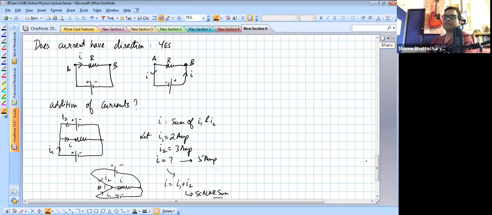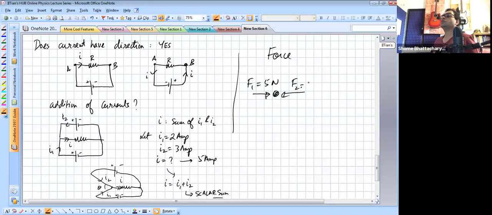On the other hand, if you realize, like in the case of displacement we did, or for example in the case of force, so let's see in the case of force what happens. Suppose we are applying two forces on a body. In one case we are applying a force F1 of 5 newtons and a force F2 in the opposite direction of 2 newtons.